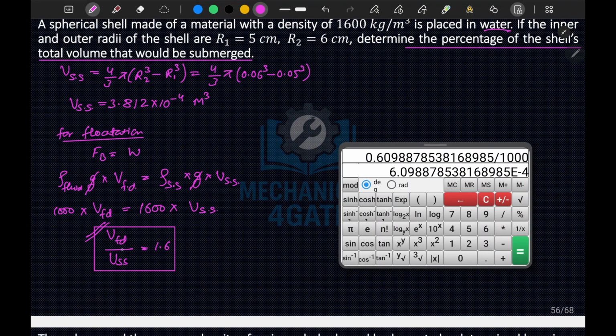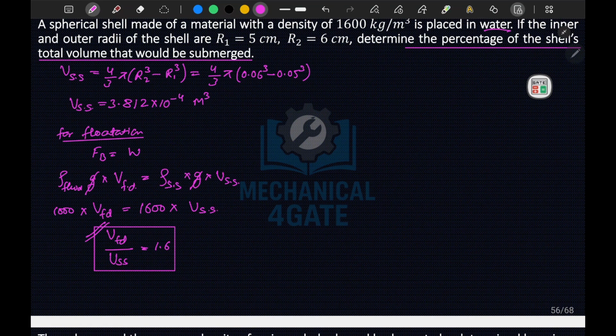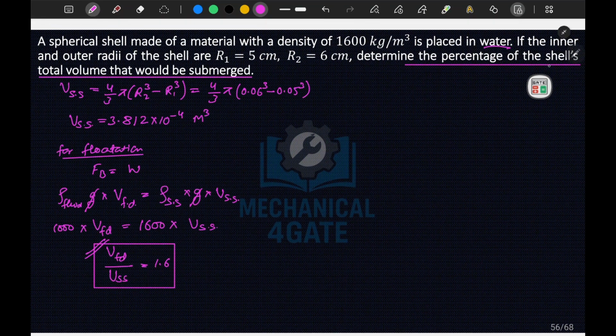But the shell is hollow inside. If it was a solid body, the ratio of volume of fluid displaced to volume of the body cannot exceed 1; it must be less than or equal to 1.